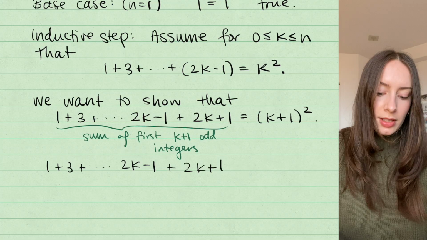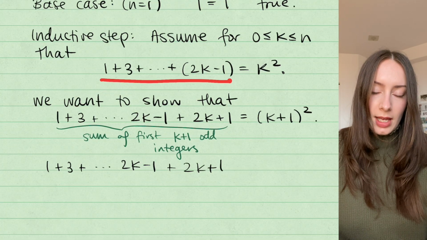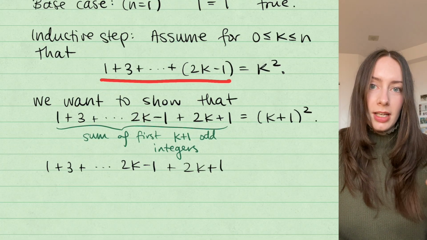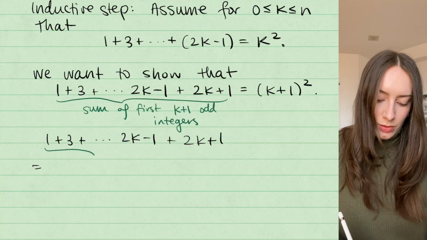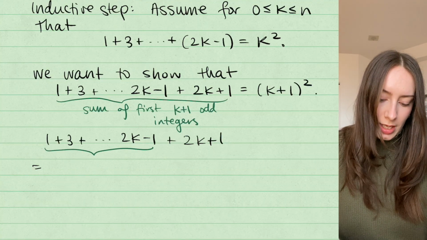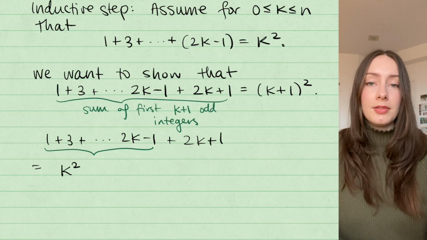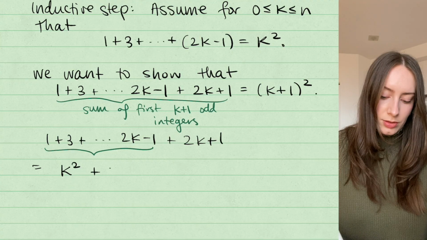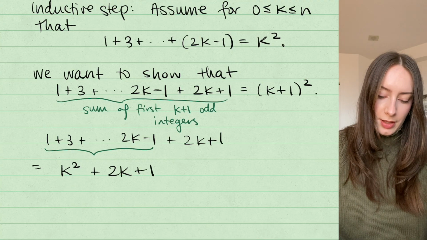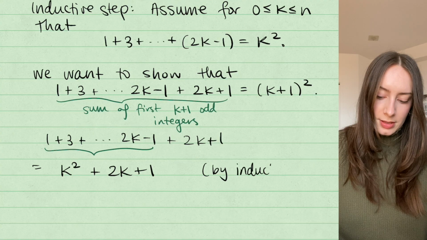So I already know by assumption that the sum of the first k odd integers is equal to k squared. So I'm going to use that assumption. This sum here is equal to k squared by our inductive hypothesis, and then I still have 2k plus 1 at the end.